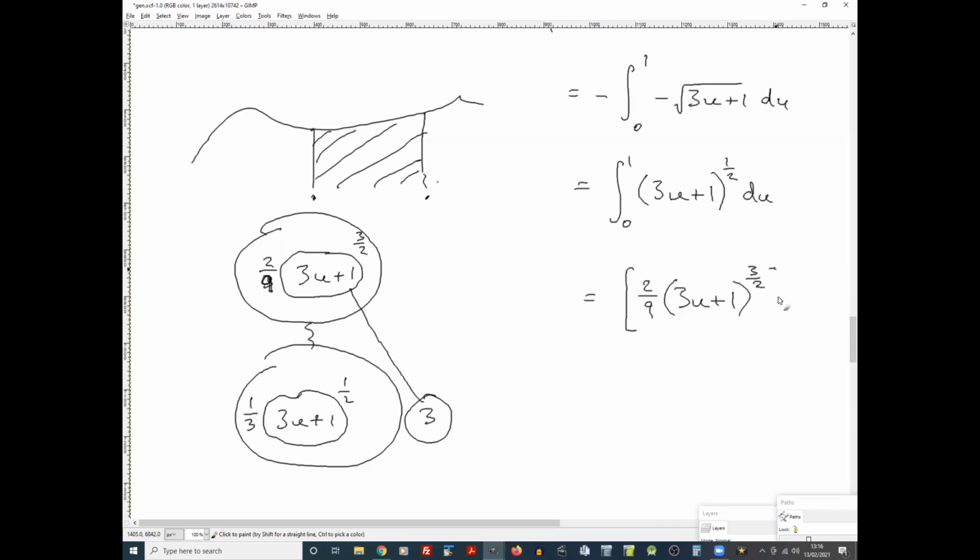Good. From 0 to 1. Giving? Giving 2/9 times 3 cos x plus 1.